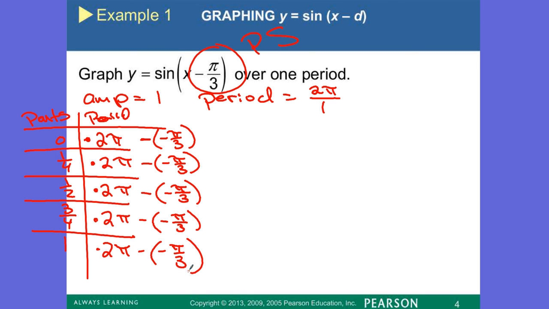It's always going to go minus. Then I put whatever my phase shift is here. My phase shift is minus pi over 3. And that's going to help with my pieces because I know it's always going in the opposite direction. If I go back to my other graph, if it's minus, it means it goes to the right, and that's going to positive numbers. So minus my phase shift.